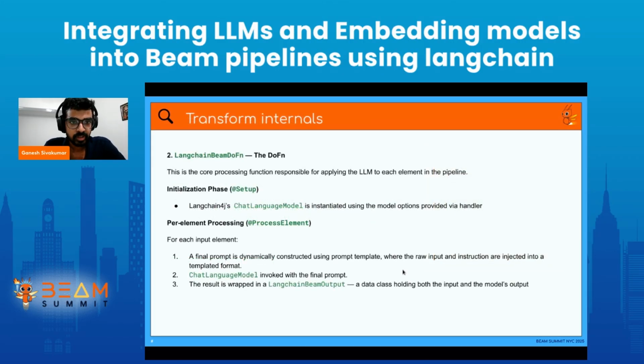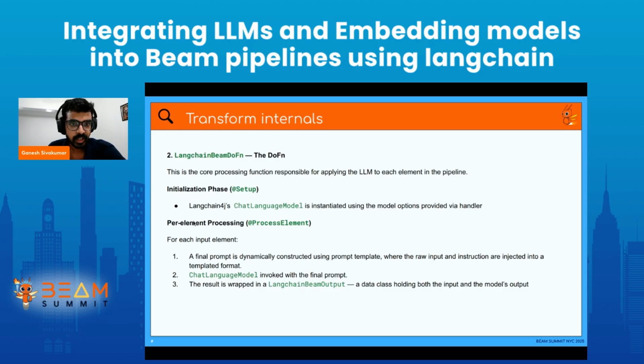Now the doFn would do a few things to give us the output. The first step would be to initialize the setup, I mean, connect to the remote model's API using Langchain's chat language model.